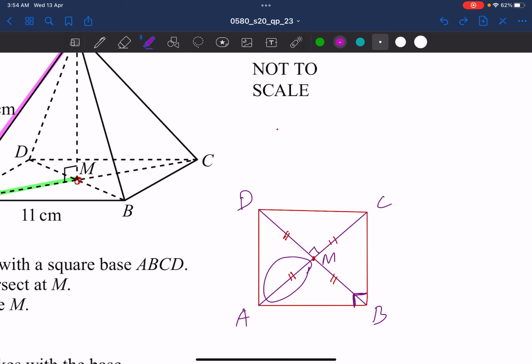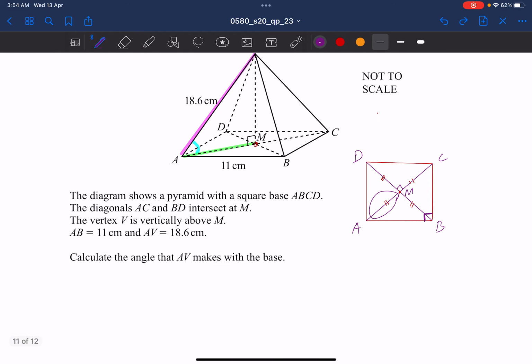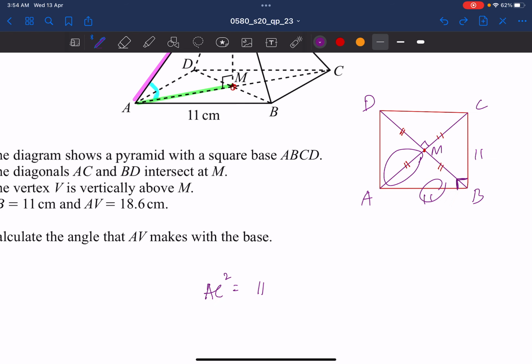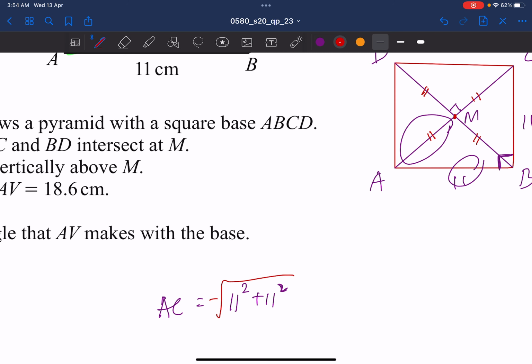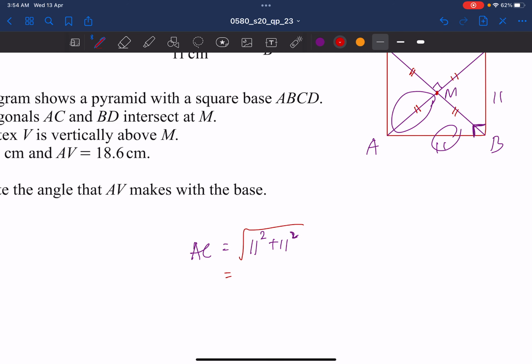Pythagoras theorem: AC squared equals AB squared plus BC squared, and this 11 is 11 because it's a square. We have four sides being equal. So 11 squared plus 11 squared, so AC equals the square root, because AC is a length, so we just take the positive root. 11 square root 2.